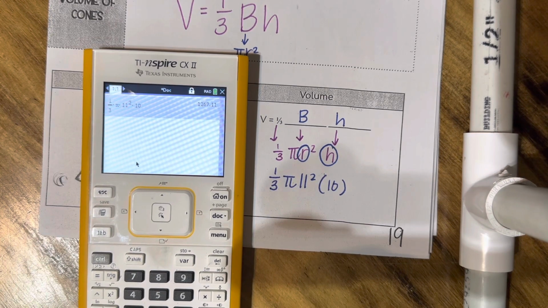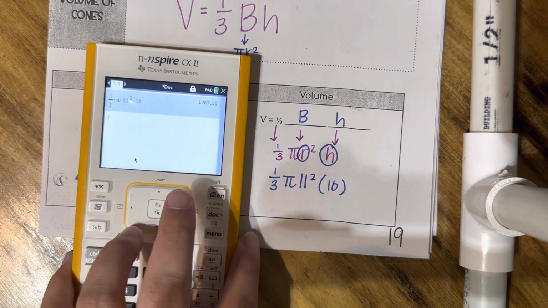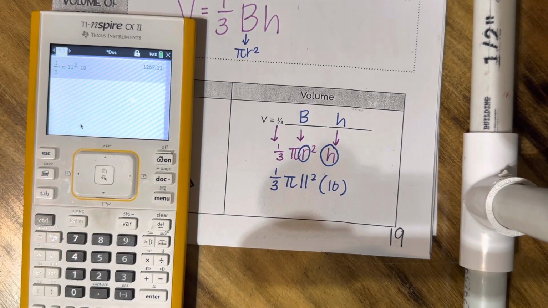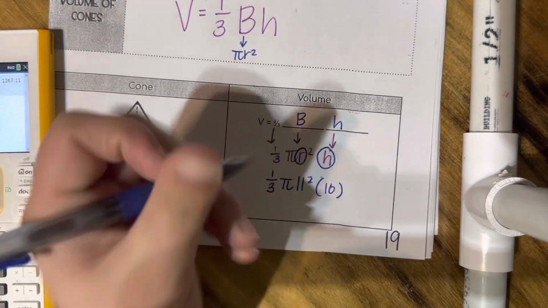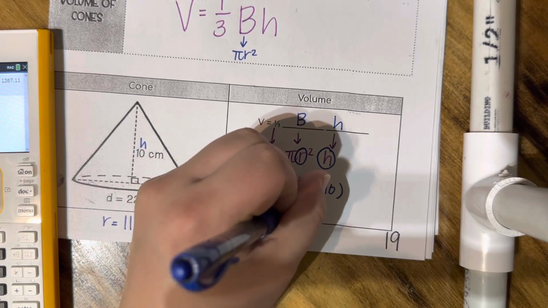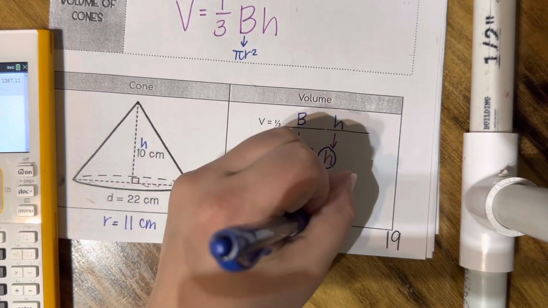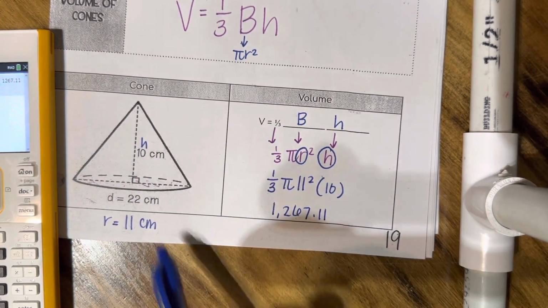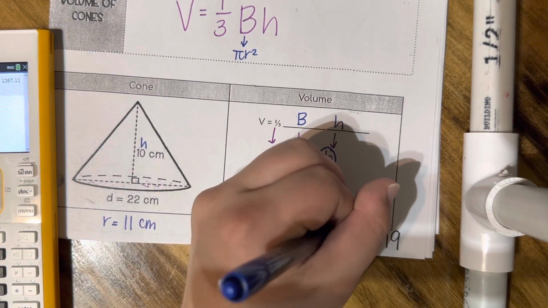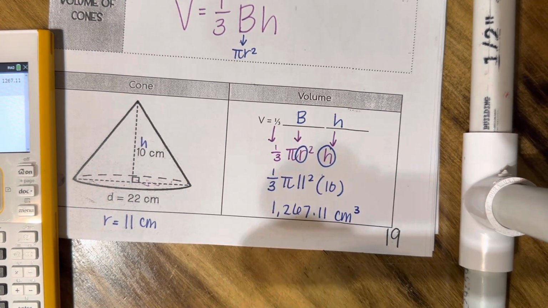Enter. So the volume of this cone right here is 1,267.11. Its volume, so I'm doing centimeters cubed.